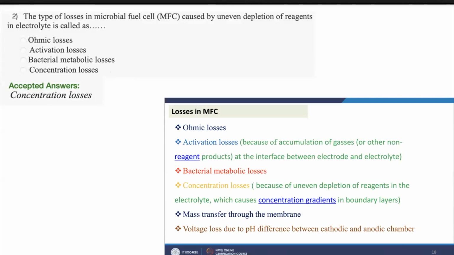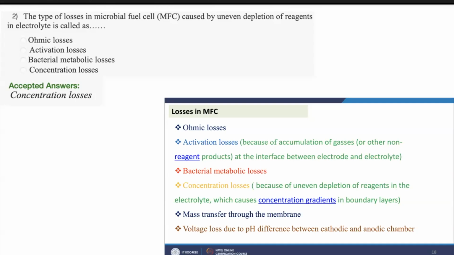So they were ohmic losses. Activation losses are because of accumulation of gases or other non-reagent products, right, at the interface between electrode and electrolyte. Bacterial metabolic losses, as I mentioned, are due to the metabolism of the bacteria itself. Then concentration loss. This is because of the uneven depletion of reagents in the electrolyte, which causes concentration gradient in the boundary layer, right?